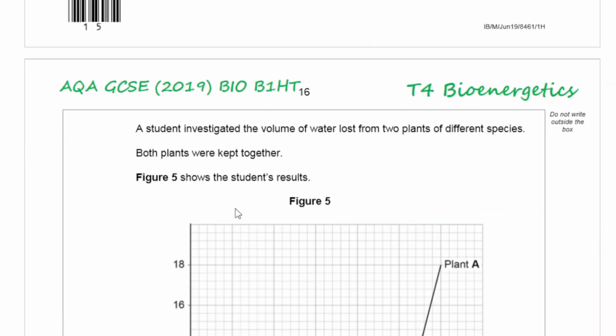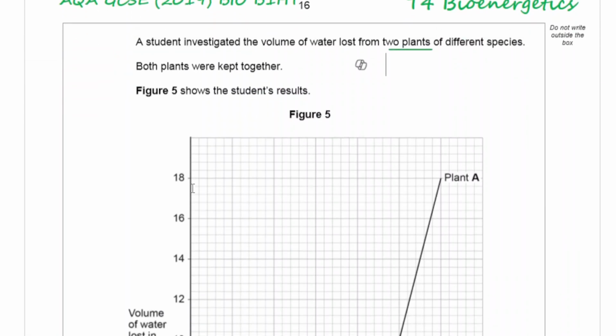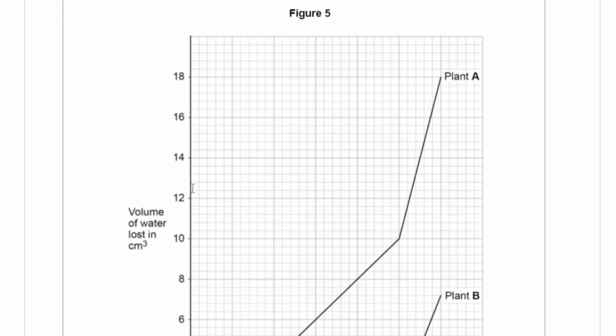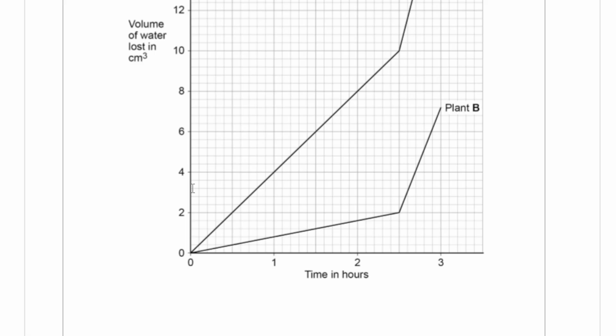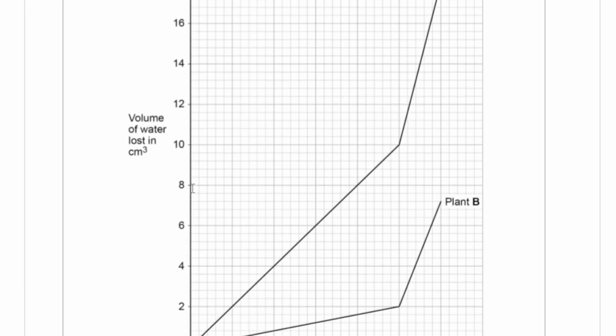A student investigated the volume of water lost from two plants of different species. Both plants were kept together, so it will be the same temperature, light conditions and wind. So volume of water lost in centimeter cube, they both increase steadily to about 2.5 hours, and then there's a sharp increase in the last half an hour.